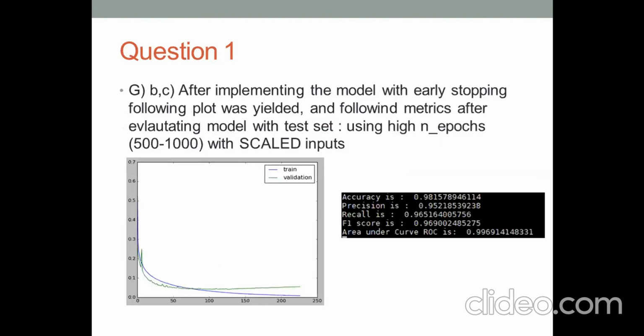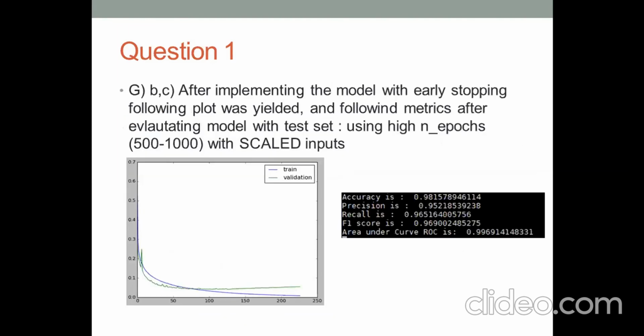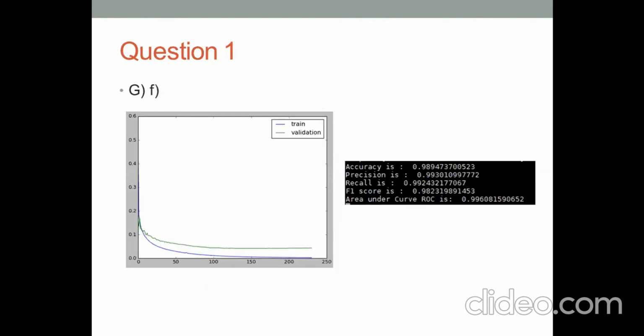Yeah, within G, comparing B, D, E, F. Yeah, for the optimum number of epochs, B and C are very close to F. Very, very close. And for E, it's higher. Okay, that makes sense.